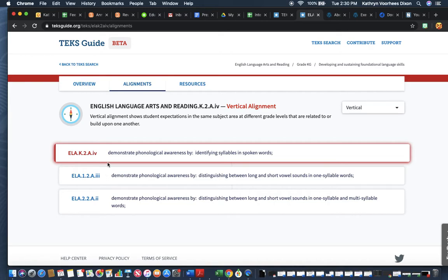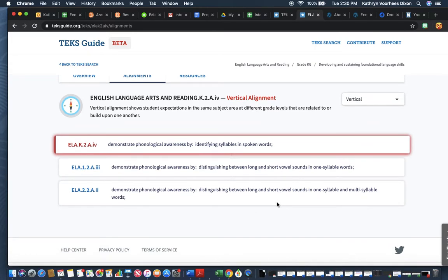So we see that when we go from kinder to first grade, in kindergarten it's identifying syllables and spoken words, but then when we move to first grade, what we're asking them to be able to do is to distinguish between long and short vowel sounds within one syllable words. So we want them to be able to determine how many syllables are in a word, and then the next year be able to look at those one syllable words and distinguish between long and short vowels.